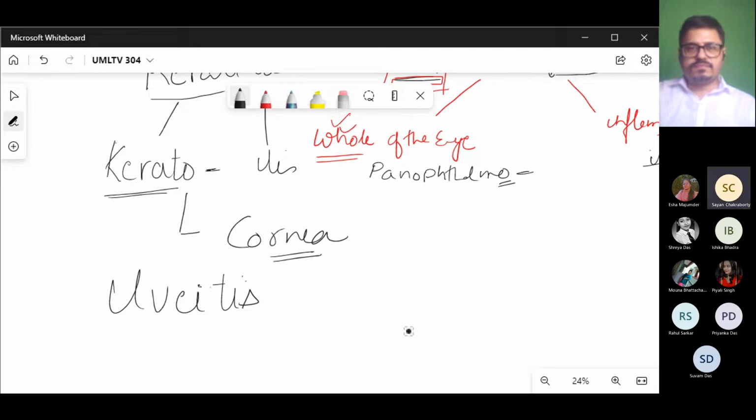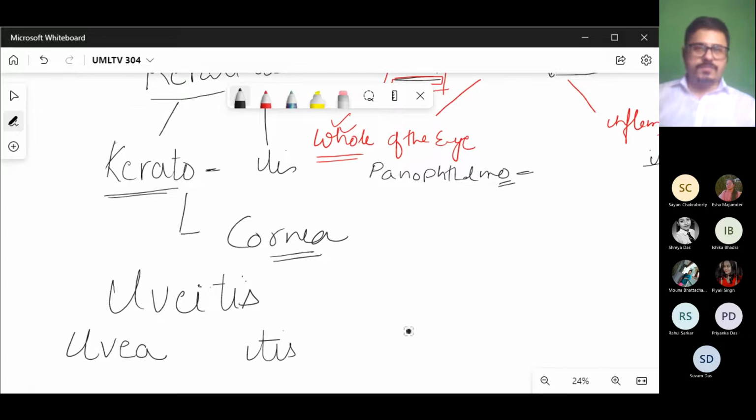The suffix is itis, I think. Correct. What about the prefix now? Obviously, it would start with U, then there will be a V, then there is E, but it's A, uvea. But whatever be the vowel at the end of the prefix, that gets replaced by the I of the itis.